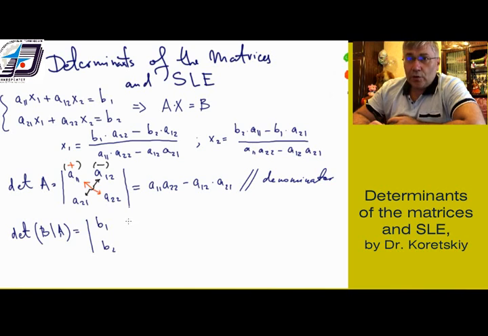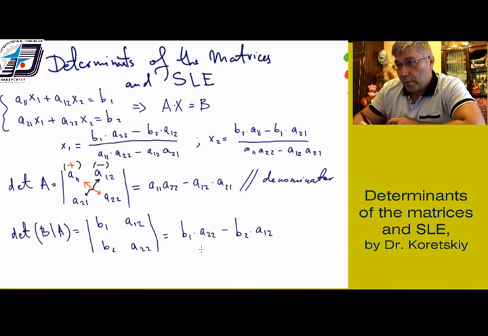And the second column is still the elements of the matrix A: A12, A22. So it's very easy to calculate that the determinant of this matrix is B1 times A22 minus B2 times A12. If you compare this determinant with the answer for x1, you can notice that it's exactly the same expression.